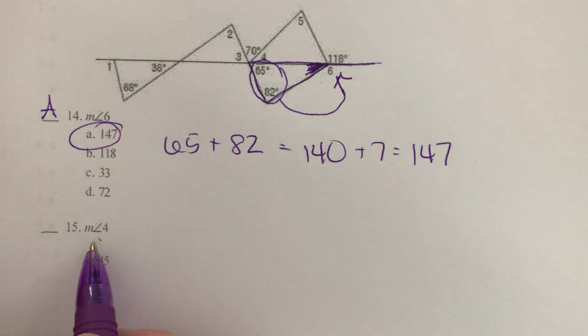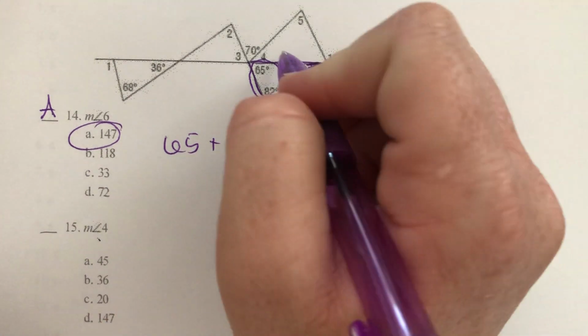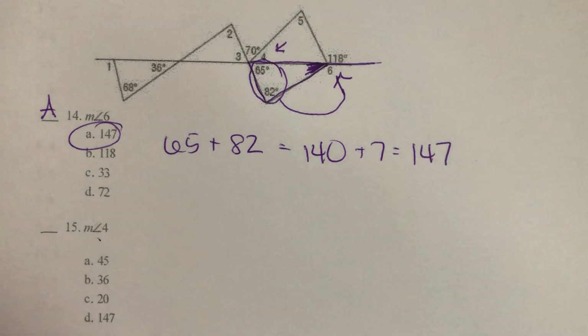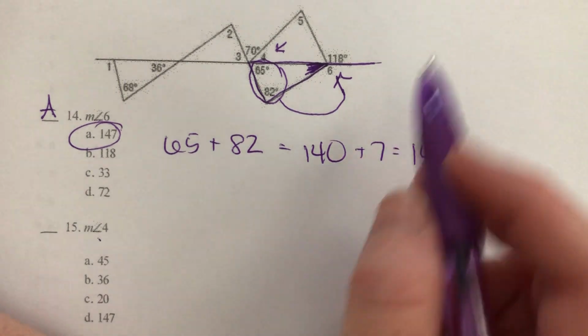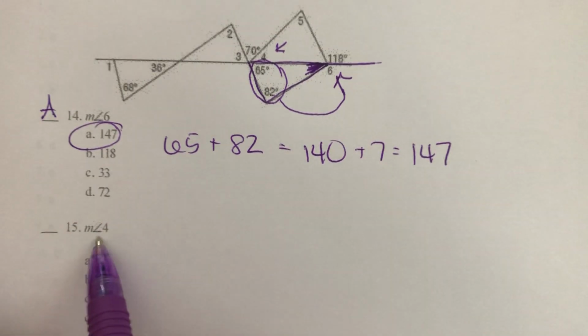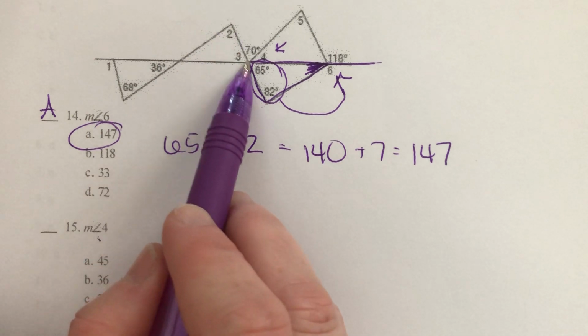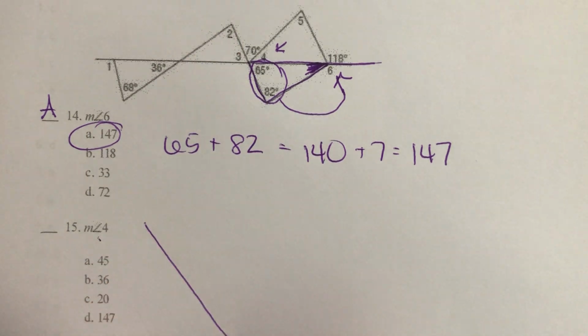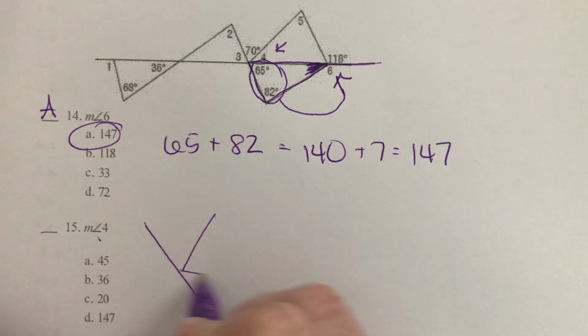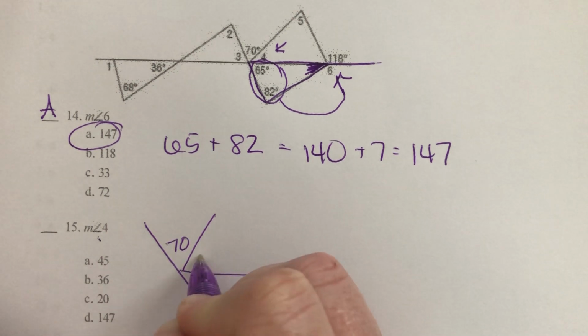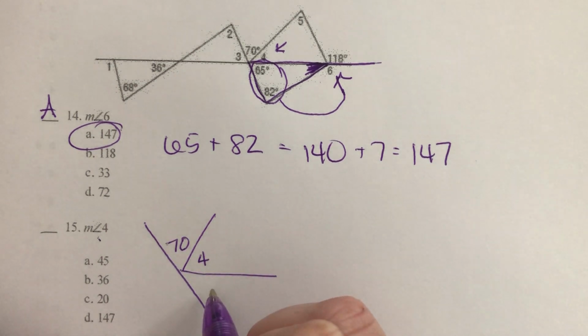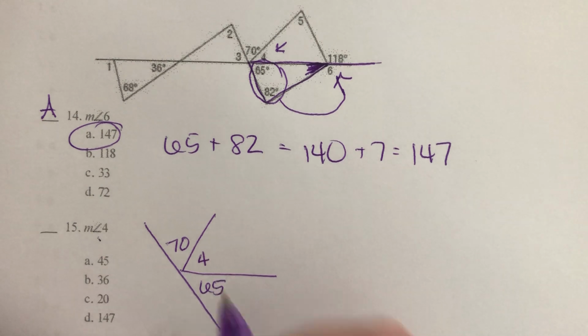And then the measure of angle 4 for the next problem, and angle 4 is this inside one here. We showed earlier, we probably should have had this one before that, that to find the measure of angle 4, we have a straight line right here, right? It looks like this, and this one's 70, and then we've got angle 4, and then this one is 65. So we know all three of these have to add up to 180 degrees, right?